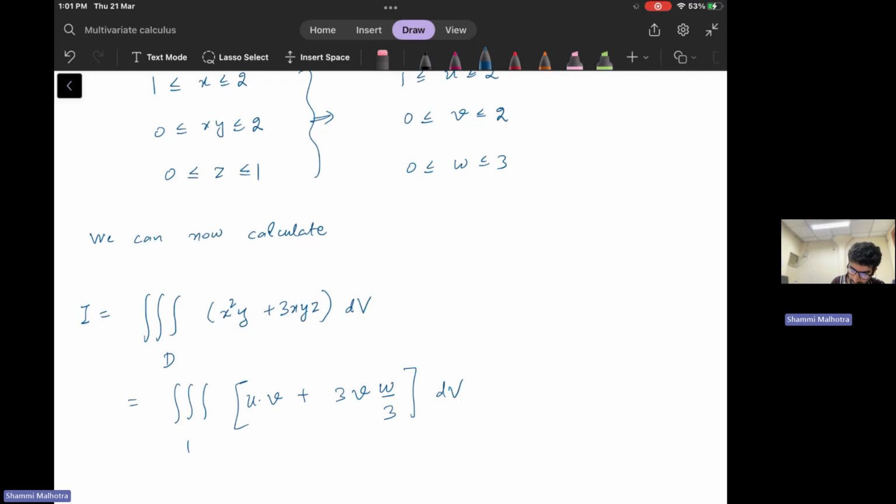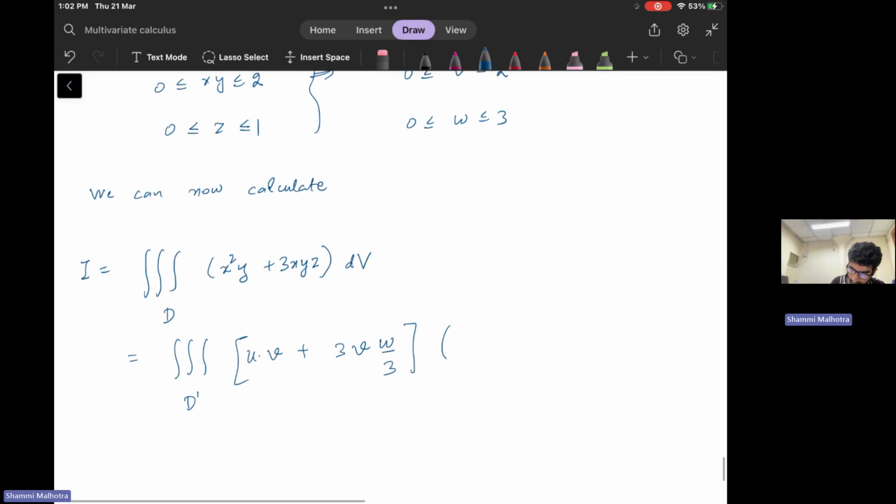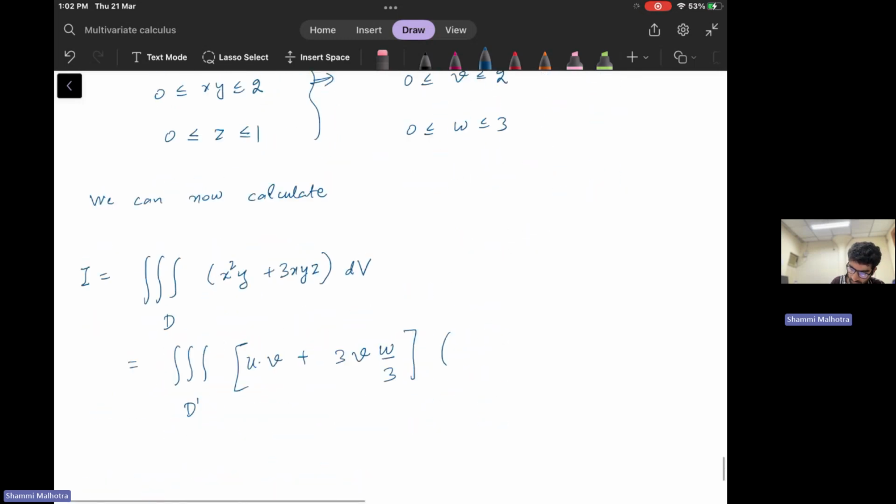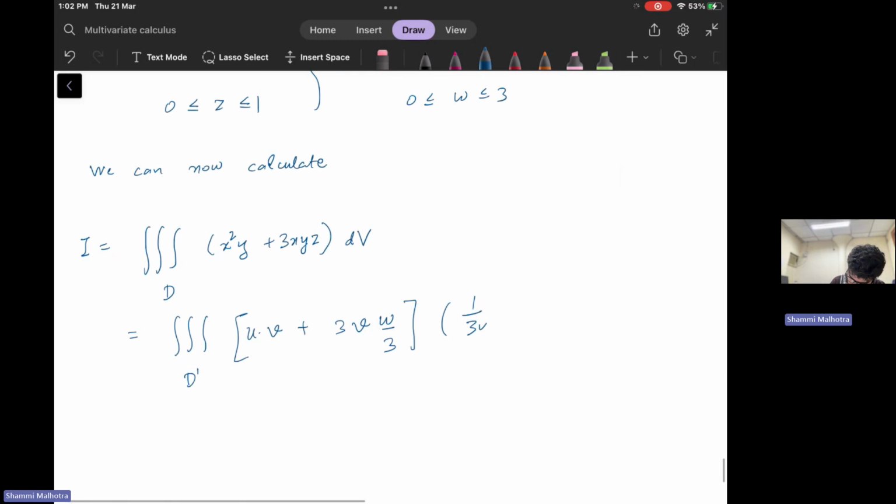And we have to put the Jacobian as well, and the Jacobian is 1 by 3u.